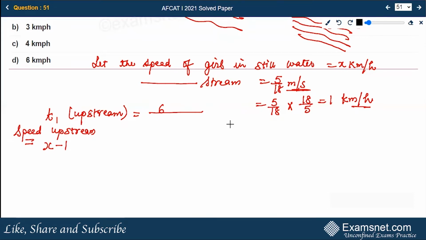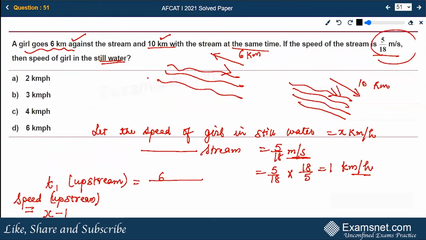Similarly, the speed of the girl downstream will be equal to, now the girl is going with the flow of the stream, so the speed will be added, which is x plus 1 kilometer per hour.